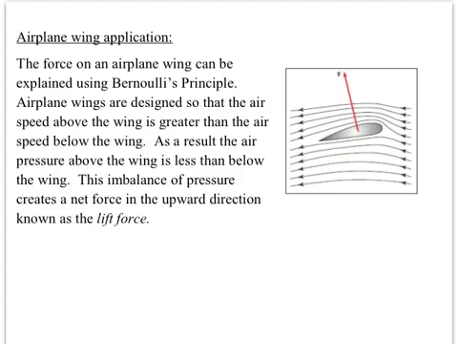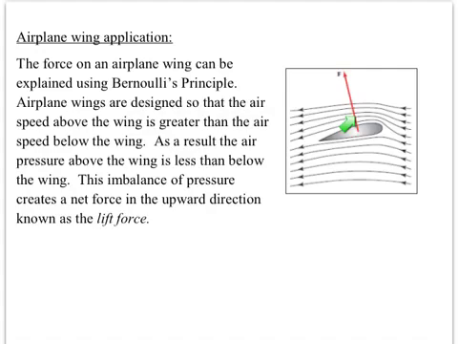So what happens is this. You've got a purposely designed airfoil, which is a wing. The top of the airfoil has a higher velocity than the bottom, and it's made with this shape. If it's got a higher velocity, as we said a minute ago, it's got a lower pressure.